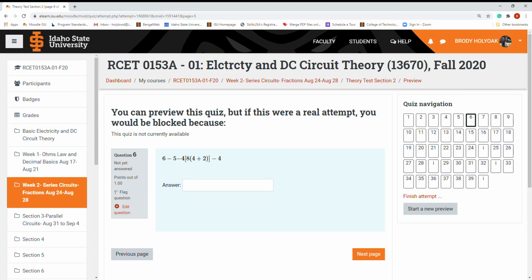And with parentheses, you start from the center and work out. So we have 8 times 6, which is 48. Then the next step, times 4, which gives us 192.